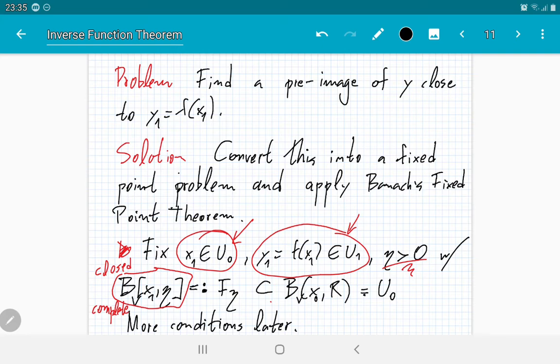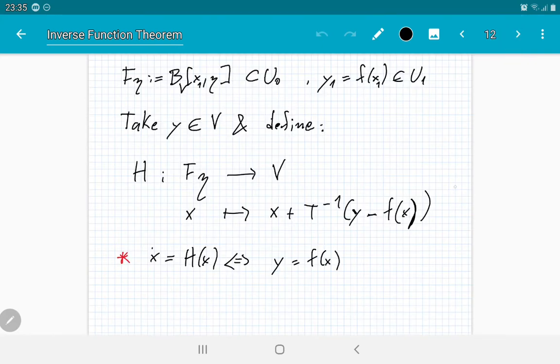Okay, but I still haven't transformed the problem into a fixed point problem. Here's how you do it. It's kind of amazingly simple in some sense, though it's a funny idea. Remember, my goal is to take a y that's close, right? So in the end, we're going to take y in a ball of small radius around y1, and I show that y is also in the image of the function.